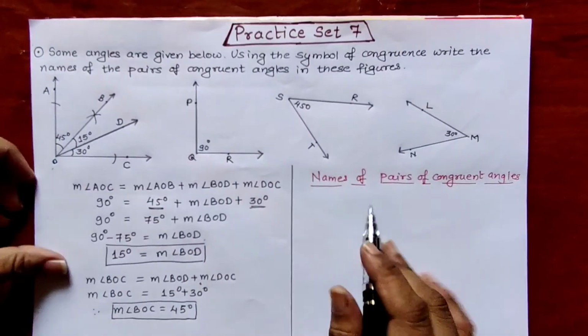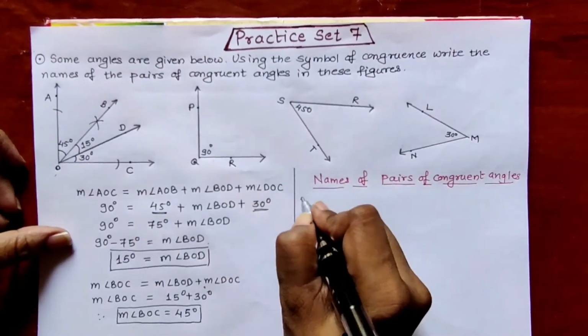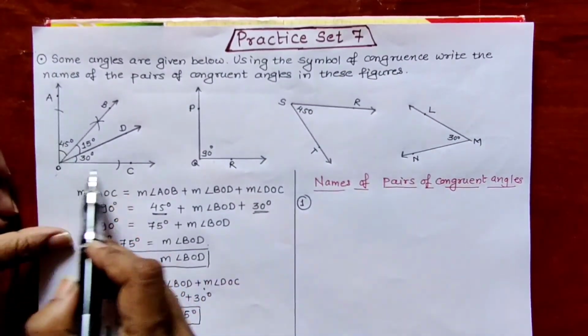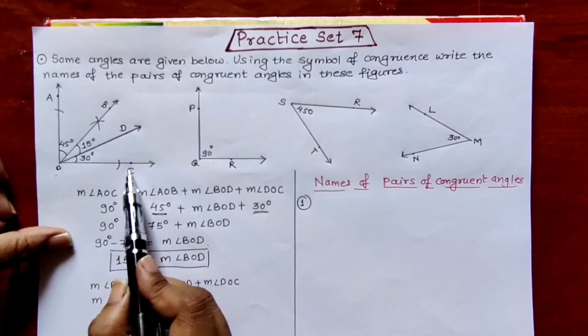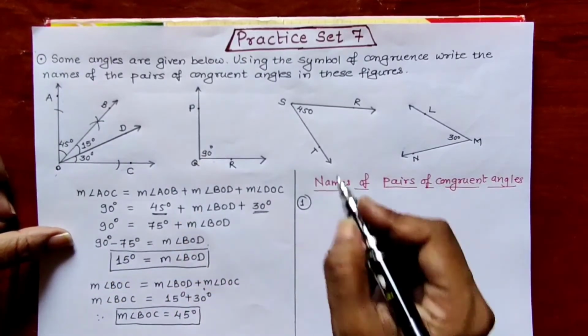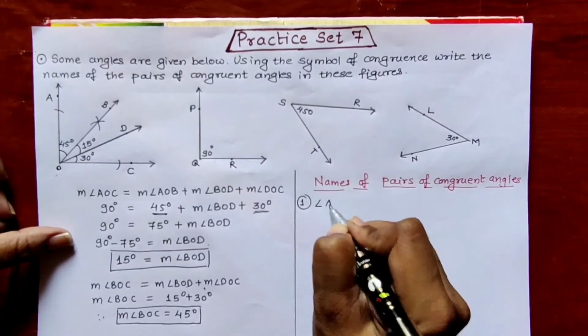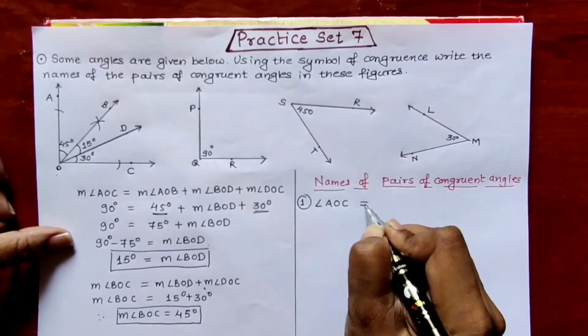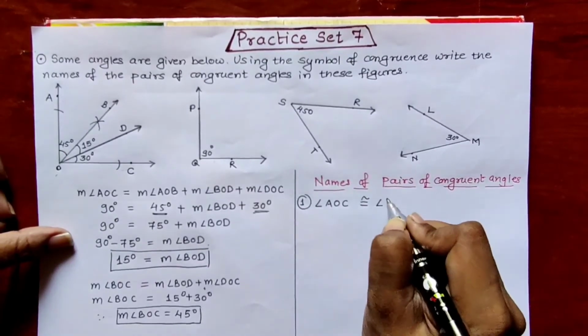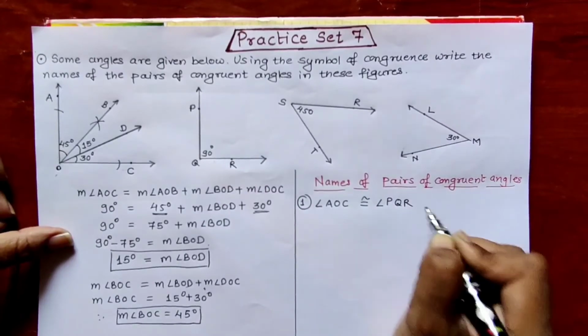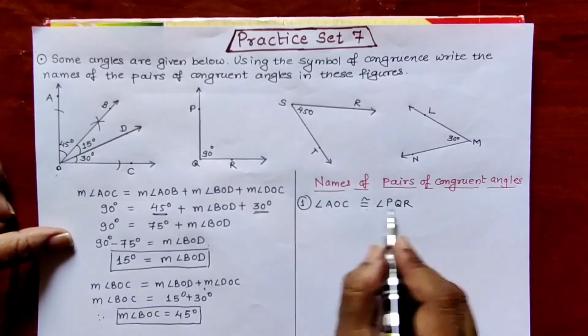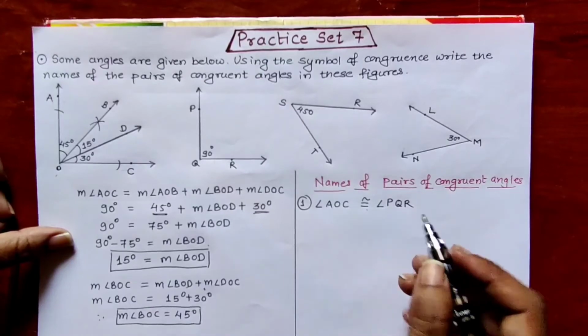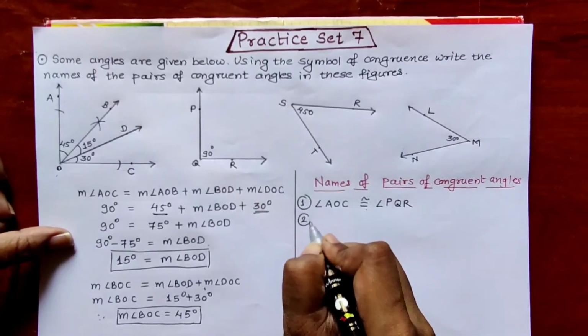First pair. As we have measured this angle AOC in the textbook, we got it as 90 degrees and PQR is also 90 degrees. So I write angle AOC is congruent with angle PQR. We have to put the congruent symbol. So we have got the first pair of congruent angles. Now let us write the second pair.